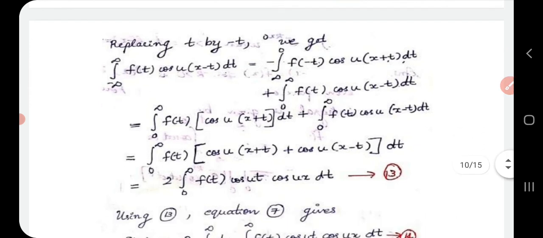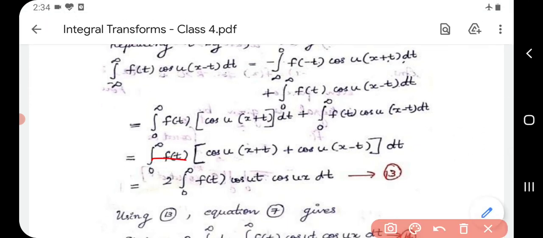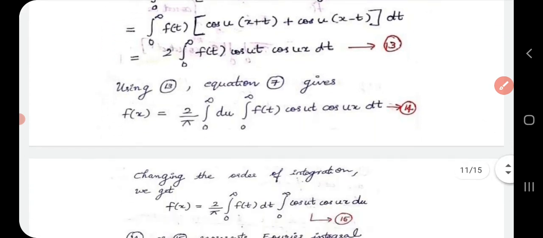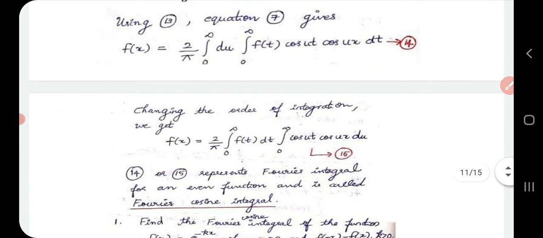After that, taking the common term, here you have cos a plus b plus cos a minus b, which is nothing but 2 cos a cos b, equation 13. Again you substitute equation 13 in 7, and finally you will get equation 14. Change the order of integration, you will get 15. So 14 and 15 stand for the Fourier integral for cosine function or even function.